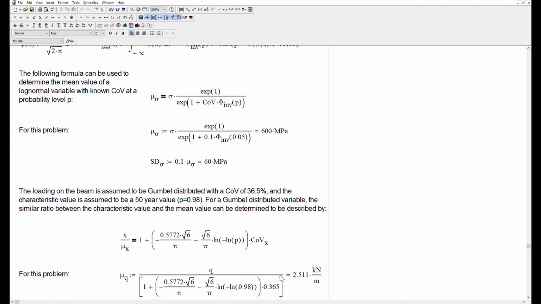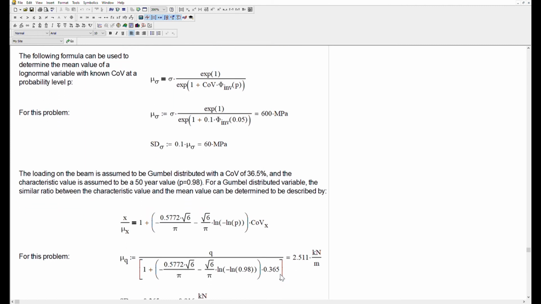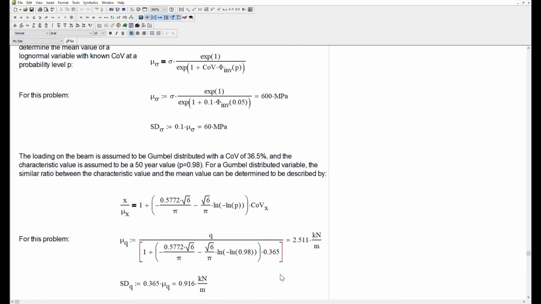And then insert the relevant values here, the probability level that we are searching, and 0.365 as the COV. And we get 2.5 kilonewtons per meter as the mean value. The standard deviation is 0.365 times this mean value, giving us 0.9 kilonewtons per meter. And we can also see here the mean value of 2.5 is significantly less than the characteristic value of 4.886.